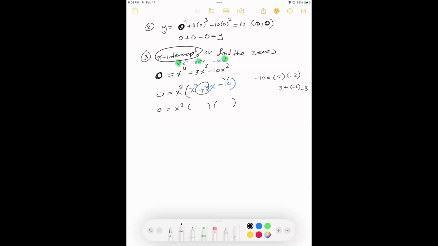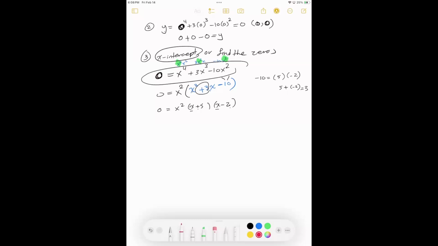And the answer is yes. So positive 5 and negative 2 are the factors. You break x to the power 2 as x and x. You put positive 5 and negative 2 inside each parentheses. You factored the equation. Now finding the x-intercepts is very easy.